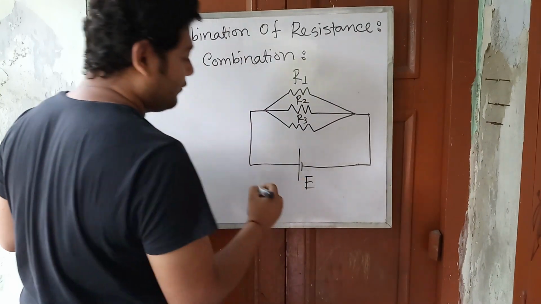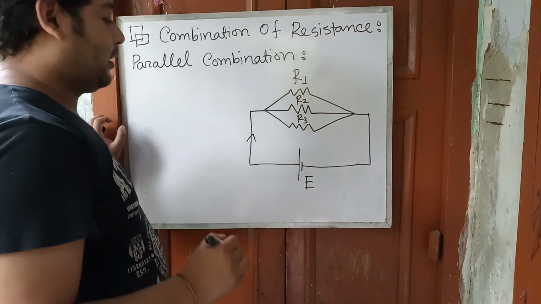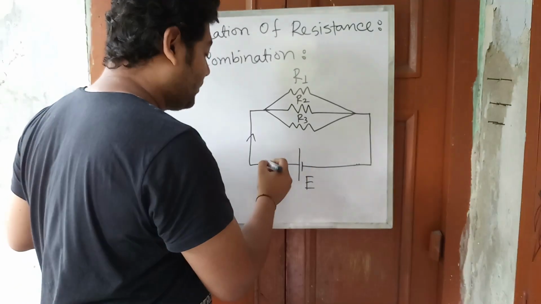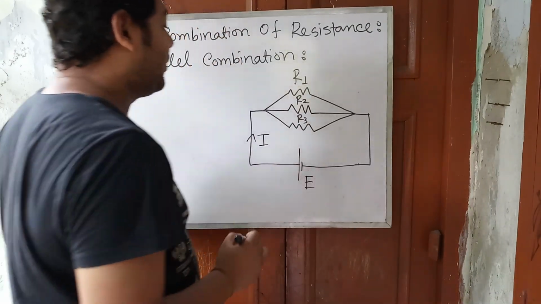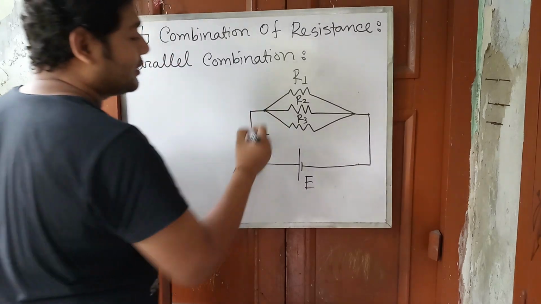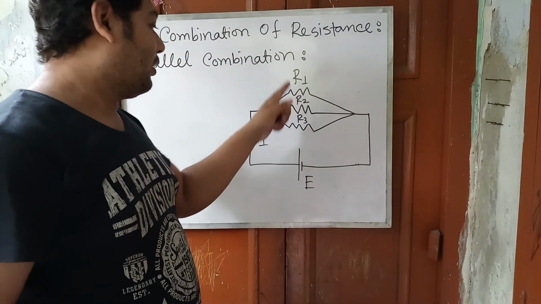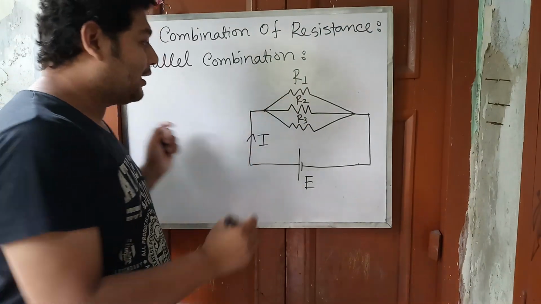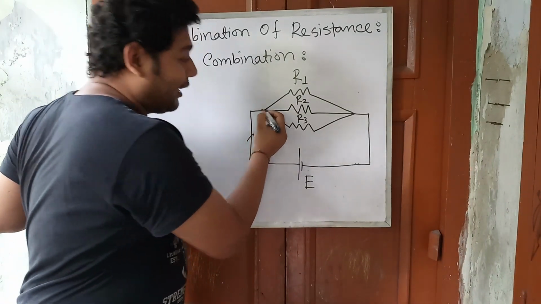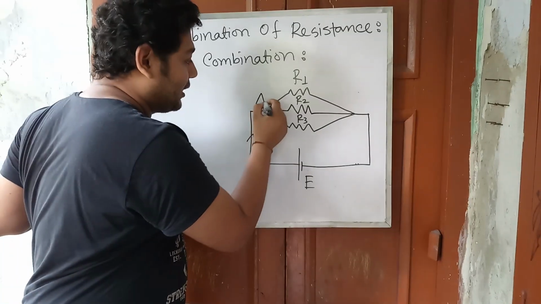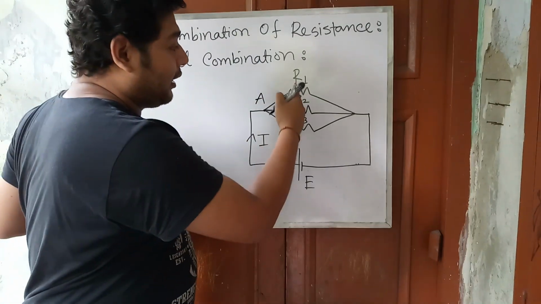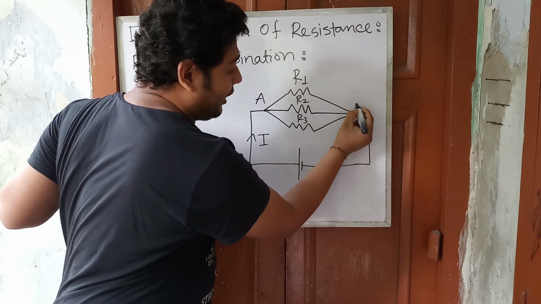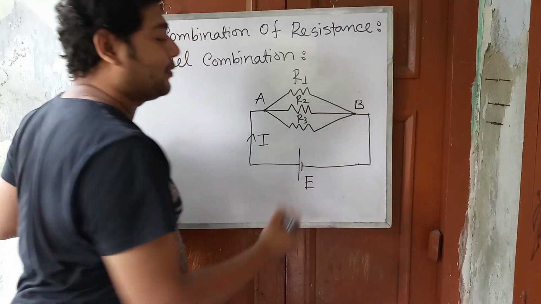This is the electromotive force, and we know that the current passes from the positive side of an electromotive force or battery. But at this point, we can see that for all of the resistances, the starting points are at a common point, suppose A, and the ending points are at another common point, suppose B.